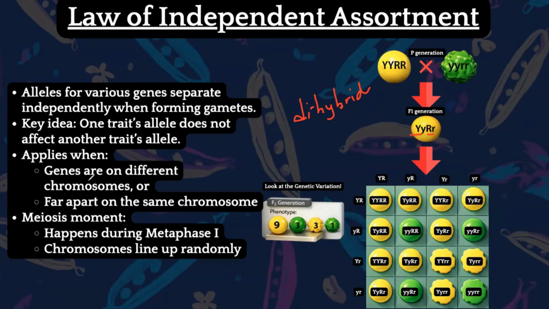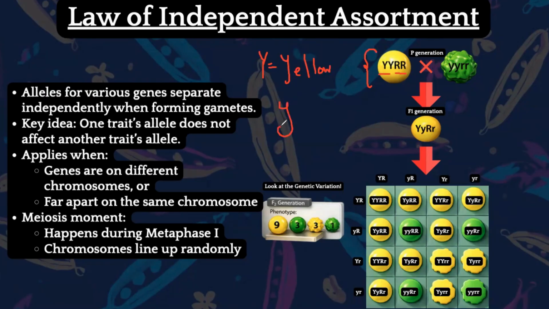Now, if you are noticing this cross right here, this is the generic dihybrid cross that's shown, and usually it consists of a homozygous dominant. So you see two pairs of lettering here, and there are two sets of dominant. The capital letter designates yellow. So if we take a look at this, we could say that yellow is a big Y. So that's yellow.